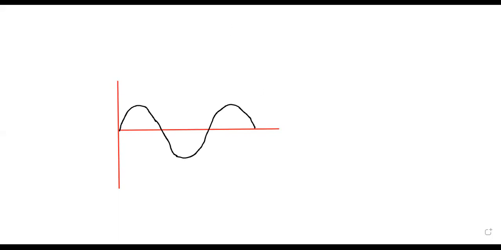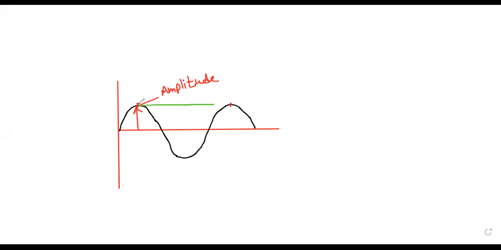Okay. Now I'm going to write one by one the different terms which we have used here. Like these 2 points, right? This is the maximum disturbance. You can see maximum disturbance. So this is called amplitude. The maximum value the wave can reach at the peak, that is the amplitude.